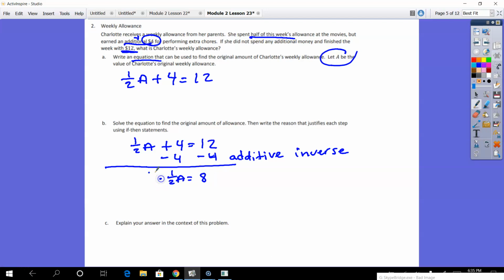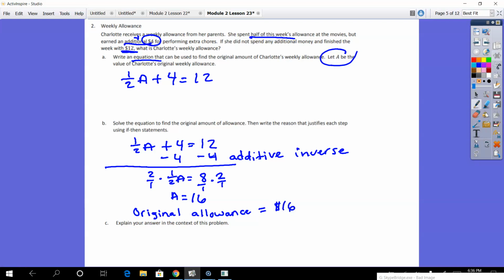And then we're going to multiply by the reciprocal, so we're left with just A on this side. If you do it to one side, do the same to the other. So A is equal to 16. So the original allowance is $16.